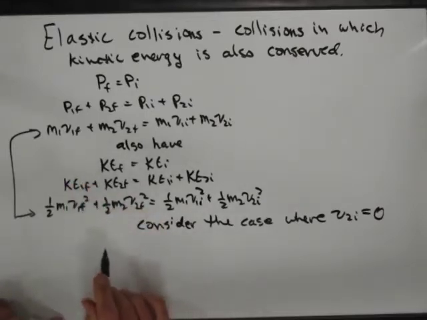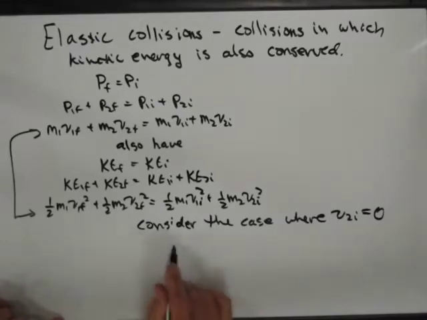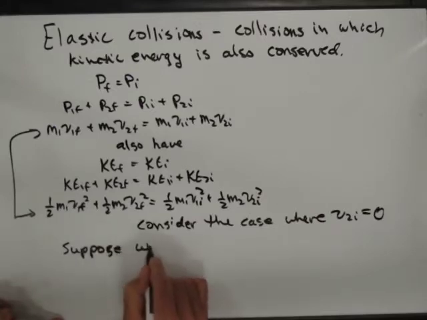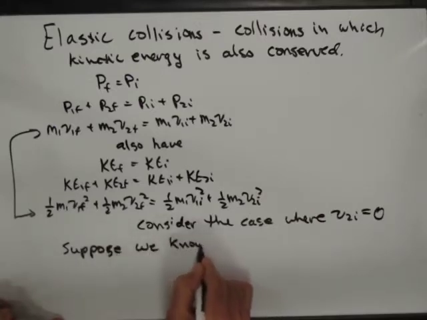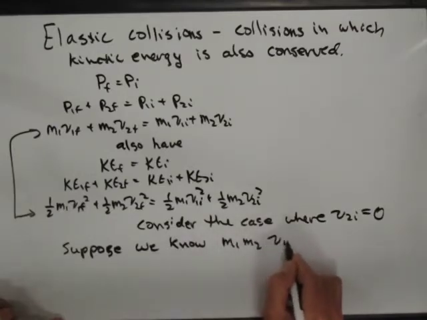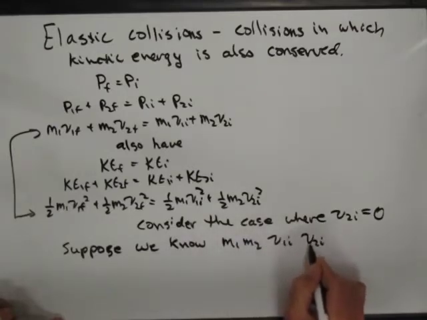I'll lay that out for you. Suppose we know M1, M2, V1 initial, V2 initial.